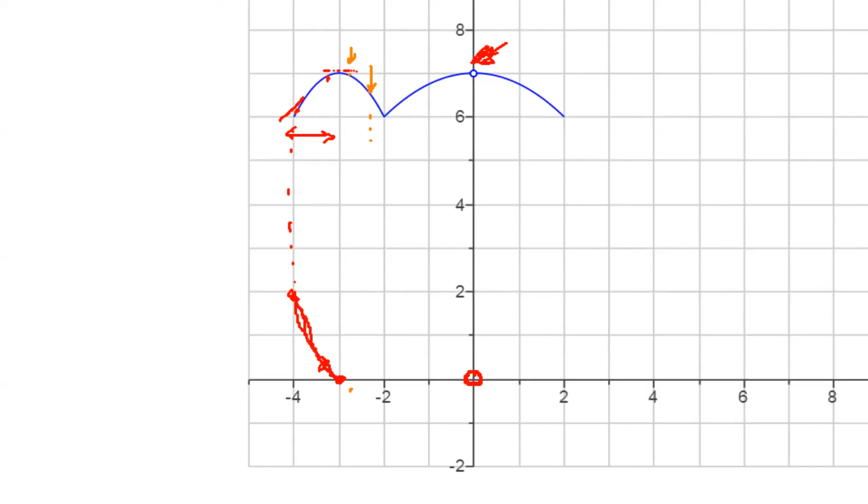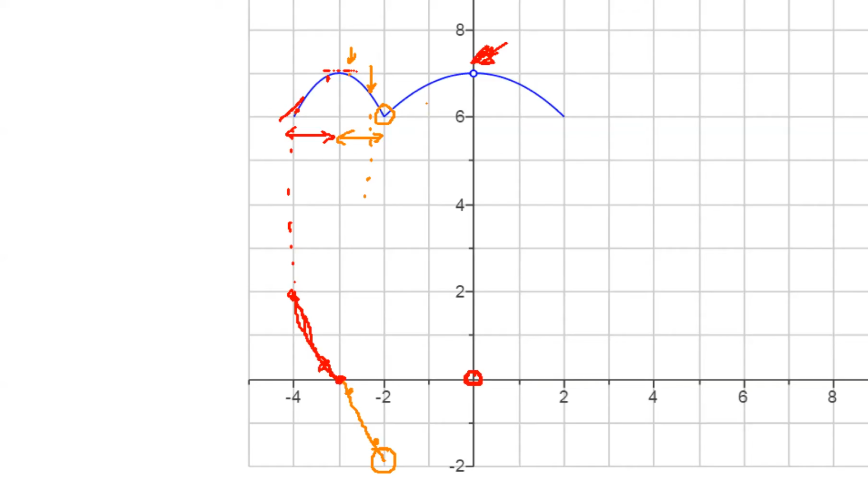And at this point, it should be steeper, so it's further away from the x-axis. And on this branch, they are all negative slope. Therefore, they should be below the x-axis. Now the corner, right at this corner, is not defined. So I'm going to put a circle right here. Its derivative is not defined.